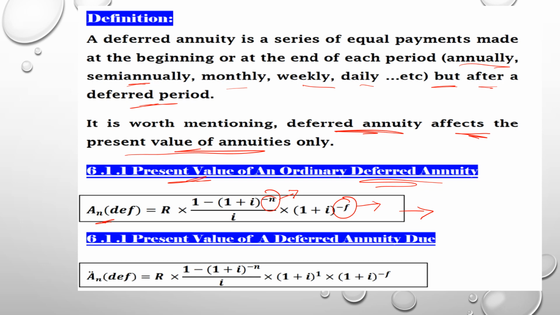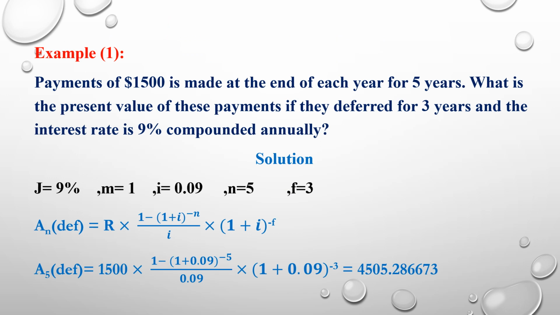Let's take some examples. A payment of $1,500 is made at the end of each year for 5 years. So we have equal payments equal to $1,500. So this is R. And these payments are made at the end of each year. So if the payment or annuity is paid at the end of the year, this is an ordinary annuity.